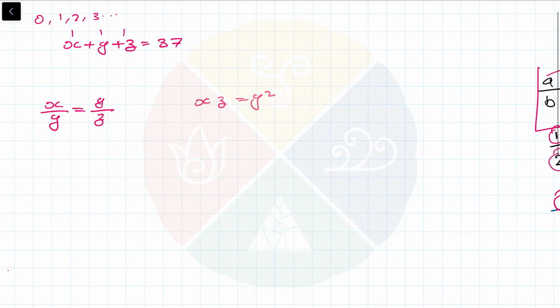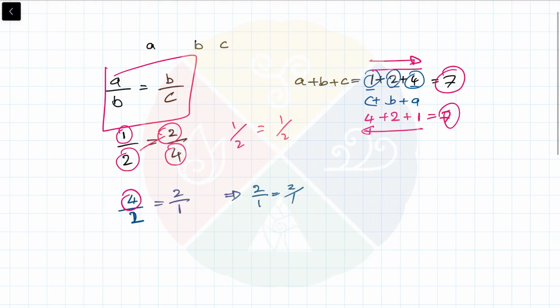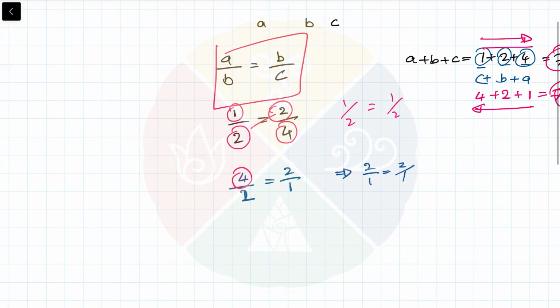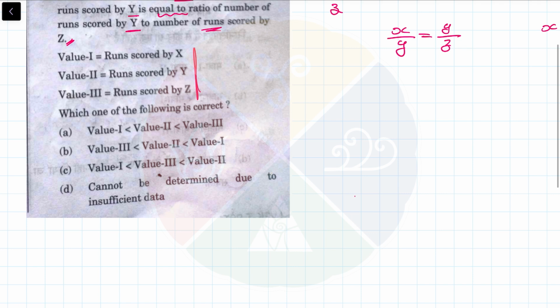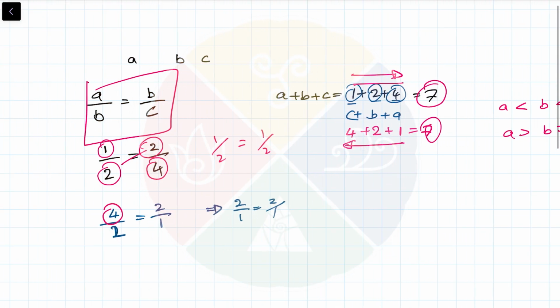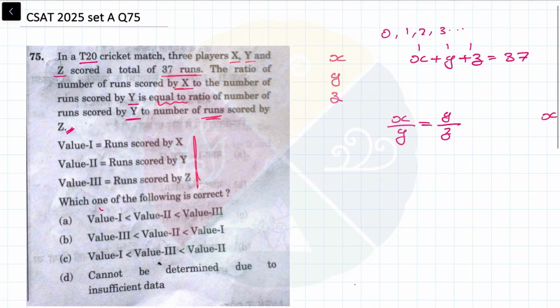Now the question is not asking you to find the value, they are asking you to compare the value. A less than B less than C, or A greater than B greater than C, or some other option. See, the problem here is, can we say the answer? So 1 less than 2 less than 4, and the opposite, and there is this value also.